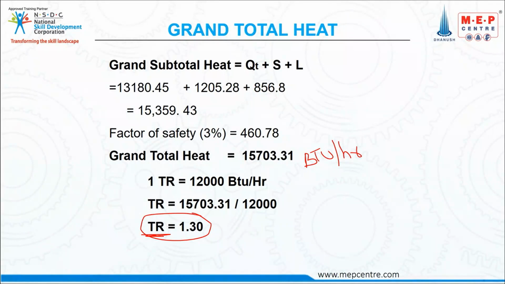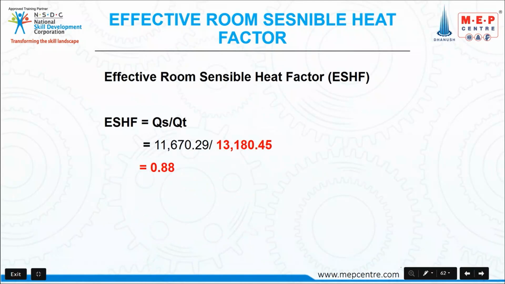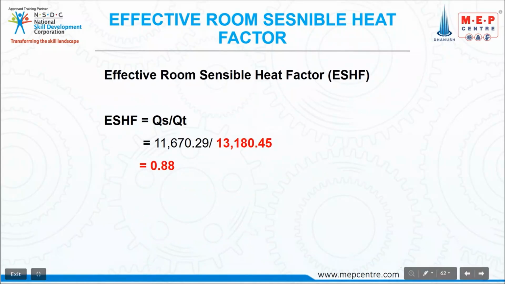So to calculate the CFM, the first step is we need to find the effective room sensible heat factor. Effective room sensible heat factor equals QS by QT, effective room sensible heat by effective room total heat, which is 0.88.